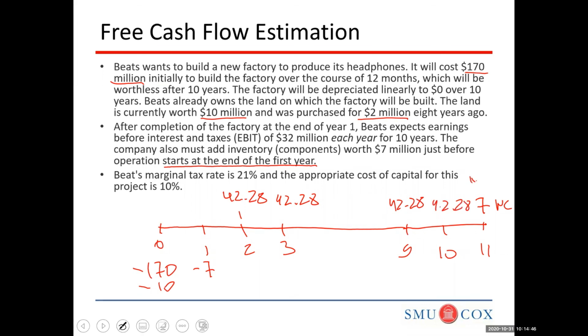And then here it's 42.28 plus 7. Can somebody give it a try and see what the NPV is? If you get a different number than I do, then we'll do it together, but let's see what answers you get for NPV.